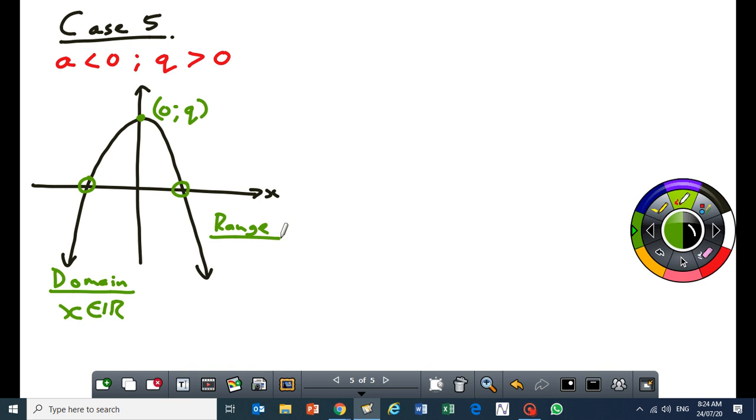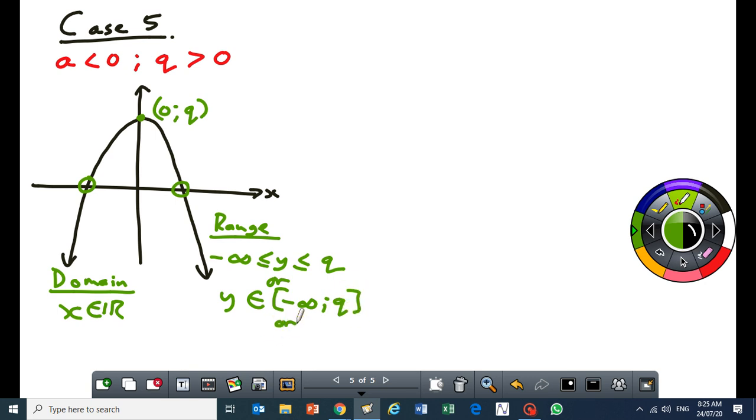The range, okay? The range is exactly the way we write the one for case 4. So we will say minus infinity is less than or equal to y is less than or equal to q. Or we can say y is an element of minus infinity up to q.